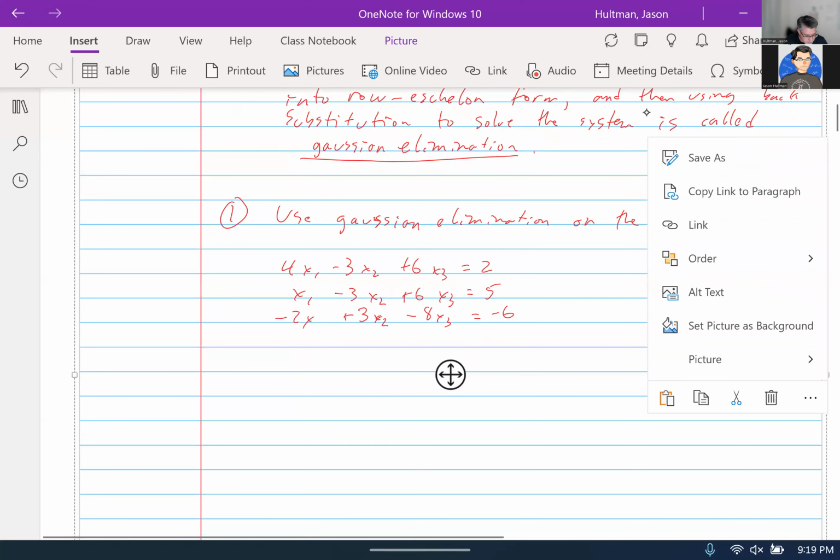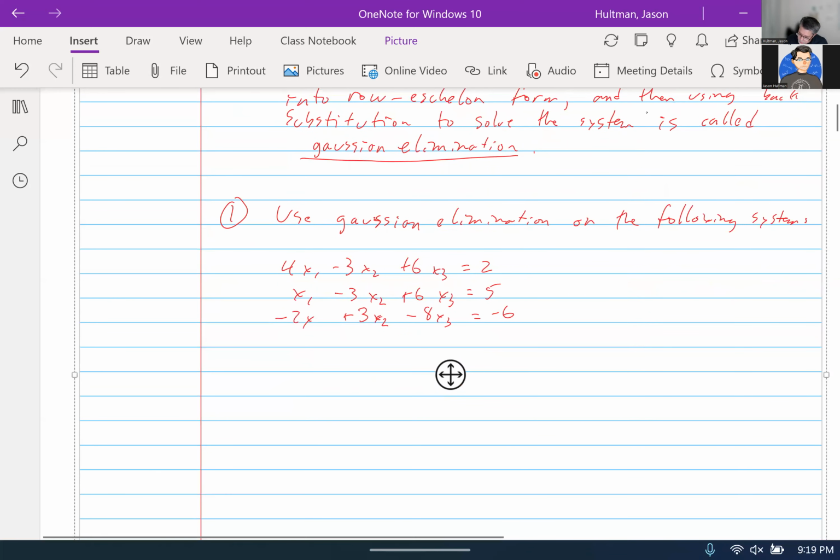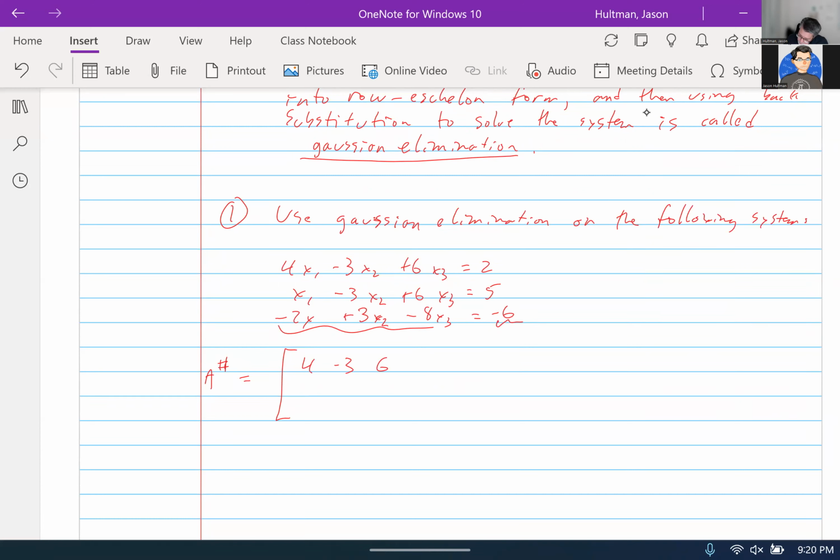Okay, so we're going to create an augmented matrix using the coefficients of the variables and then the constants that are on the right side of the equal sign. So our A pound, or A number sign, I'm just going to call it a pound sign, is equal to 4, negative 3, 6, 2, 1, negative 3, 6, 5, negative 2, 3, negative 8, and negative 6.